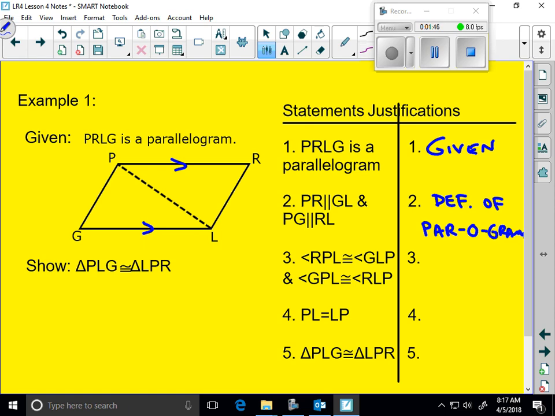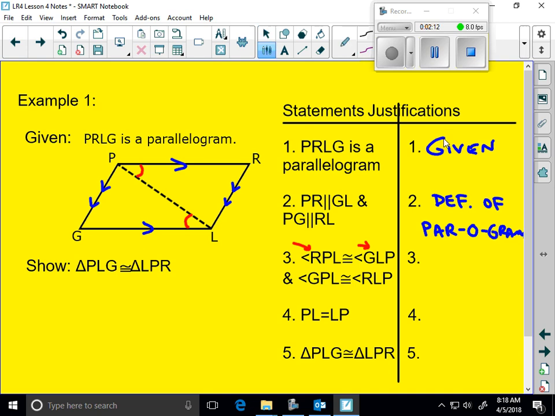Okay, we also know that PG is parallel to RL. So that's going to give us some information. What does it give us about alternate interior angles? They're congruent, right? So that leads me to this. RPL, this angle right here, is congruent to GLP, that angle right there.